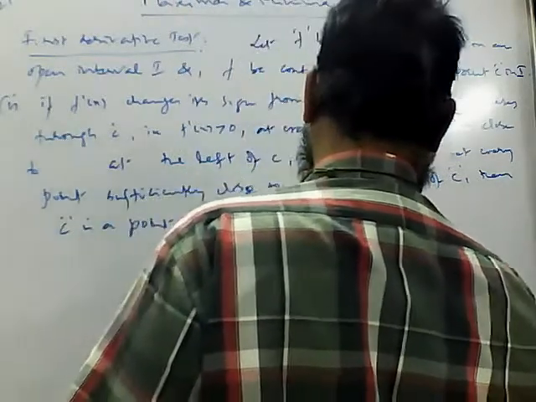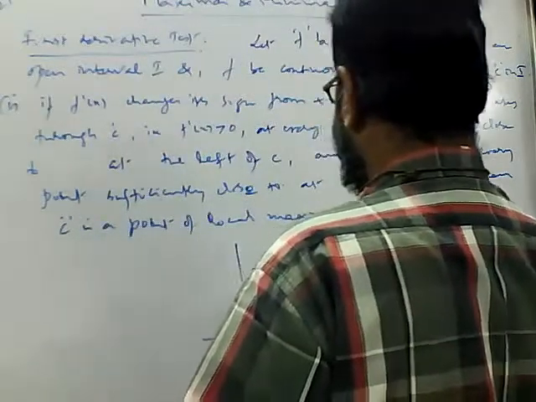So you take the curve: C minus h, C, C plus h. f dash x greater than 0, f dash x less than 0, f dash C is equal to 0.